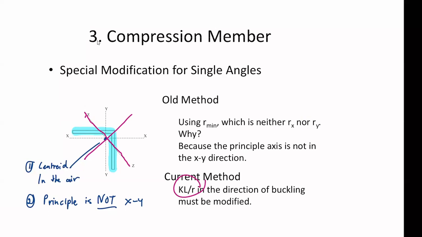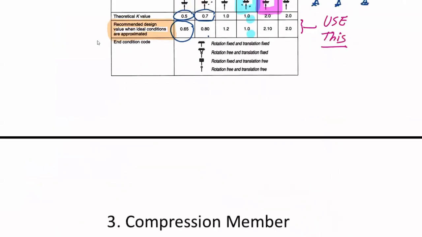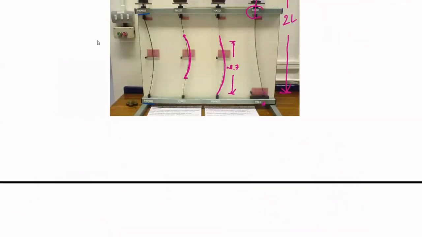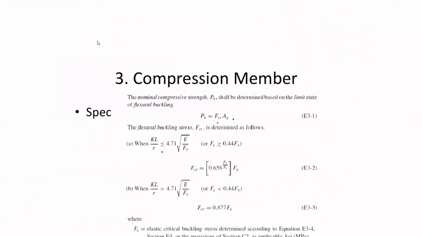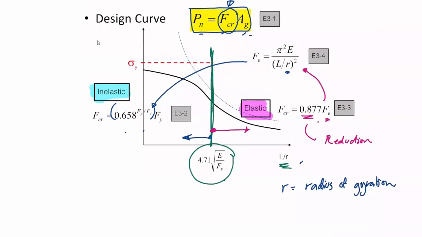Remember, we have one formula, which is this one. No matter what we do, this is the formula that you have. You check your slenderness ratio with this limiting value.